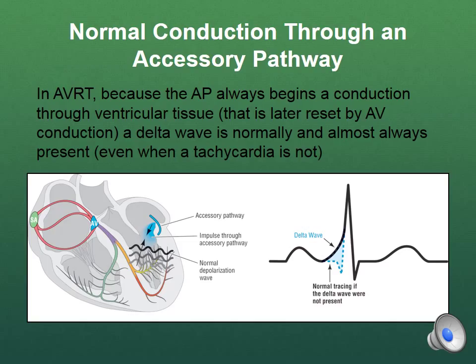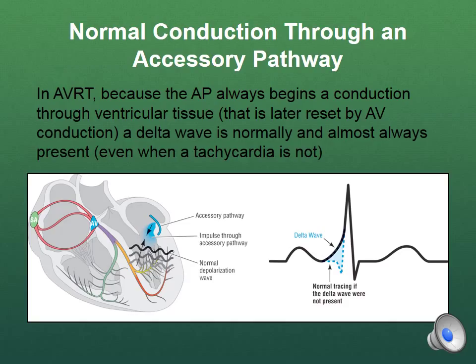So, in AVRT, the accessory pathway is going to begin conduction through the ventricular tissue, and then it's later reset by the AV conduction. There's generally going to be a delta wave, and that's going to be present even when they're not tachycardic.